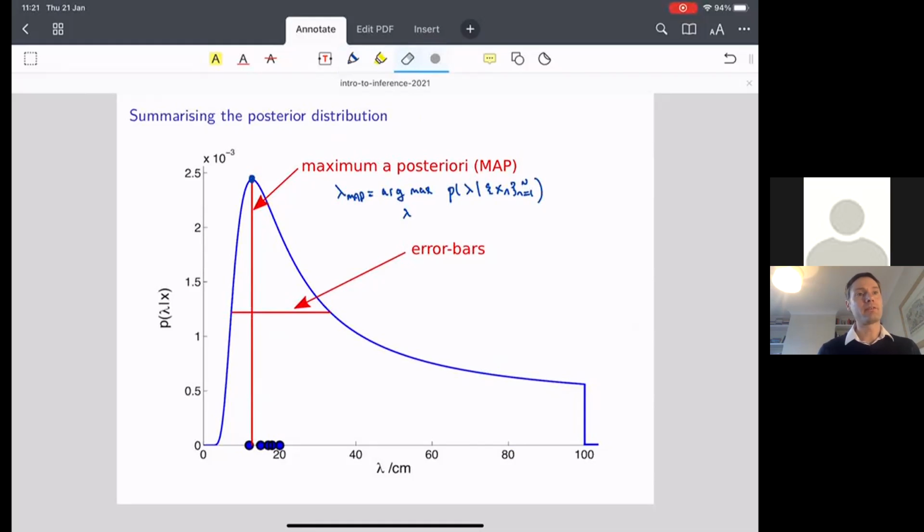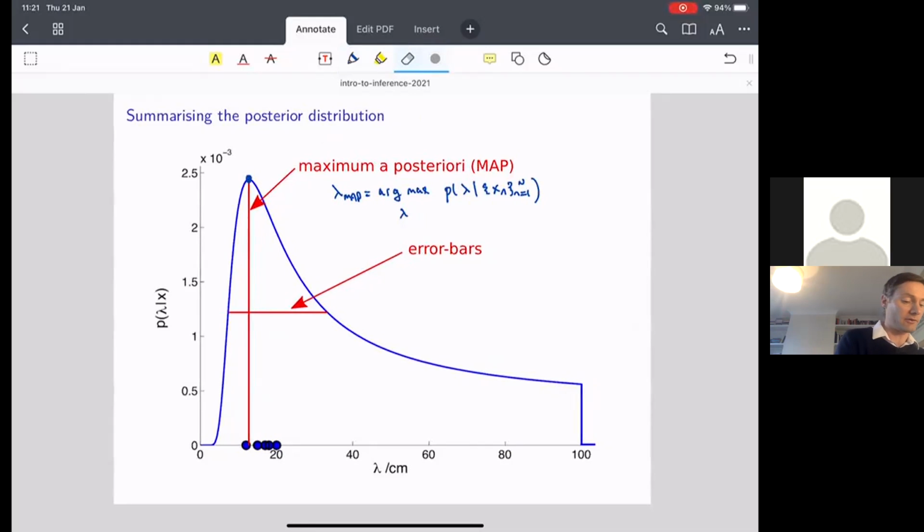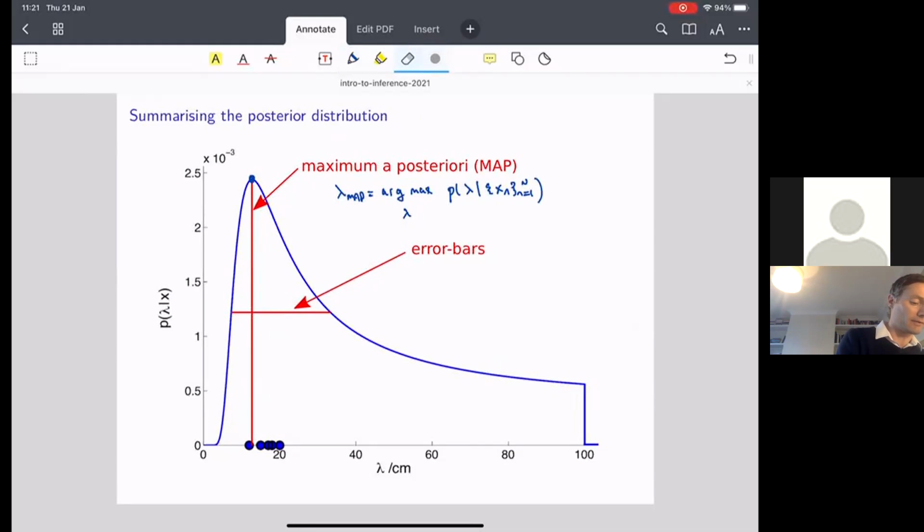If you want to do this in a way which doesn't involve returning a full distribution to someone, a sensible thing to do is just to return the full width of the distribution at the half maximum point. For instance, you could return these error bars here to give plus or minus error bars on the MAP estimate. There are other ways of summarizing posterior distributions as well, but this is one common one that we'll use in the course from time to time.